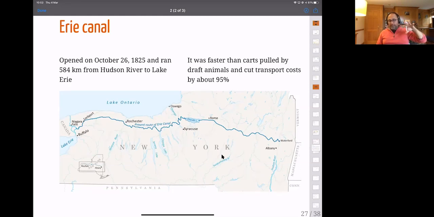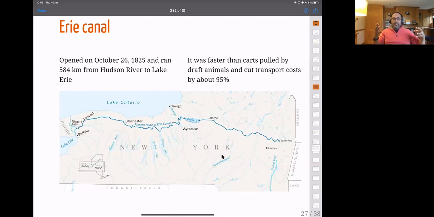And in 1825, a canal was a really efficient way of transporting goods. This is also the period where railroads had not developed. The railroads developed a few decades later.